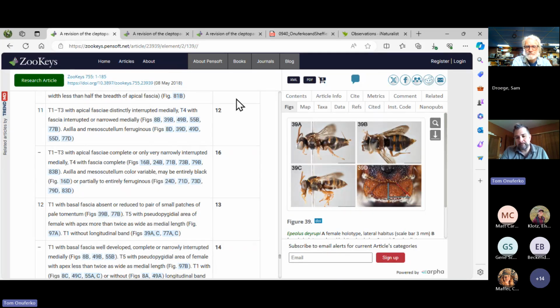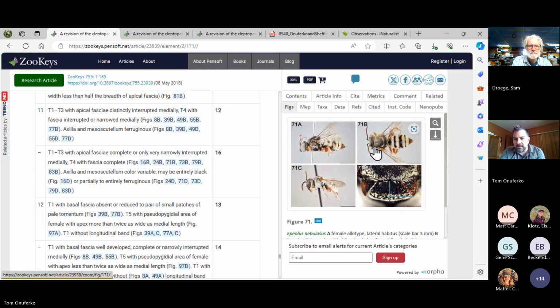But I think the more important feature in this couplet is what it's like on T3. In the species in the key here, if it's interrupted, it'll be on T1 and T2, maybe very rarely on T3.